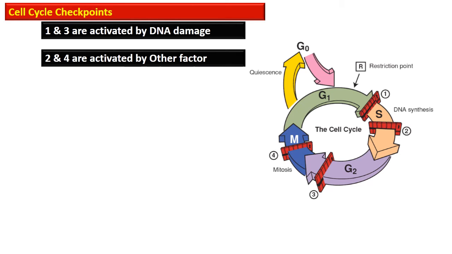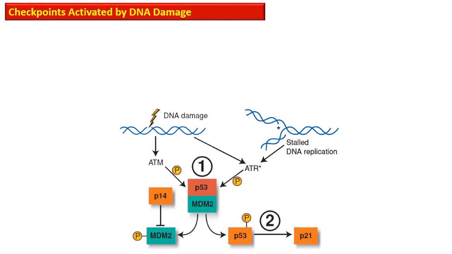Checkpoints 1 and 3, that is before the start of S phase and during the G2 phase, are activated by DNA damage and hence they stop cellular proliferation, while checkpoints 2 and 4 are activated by other factors.